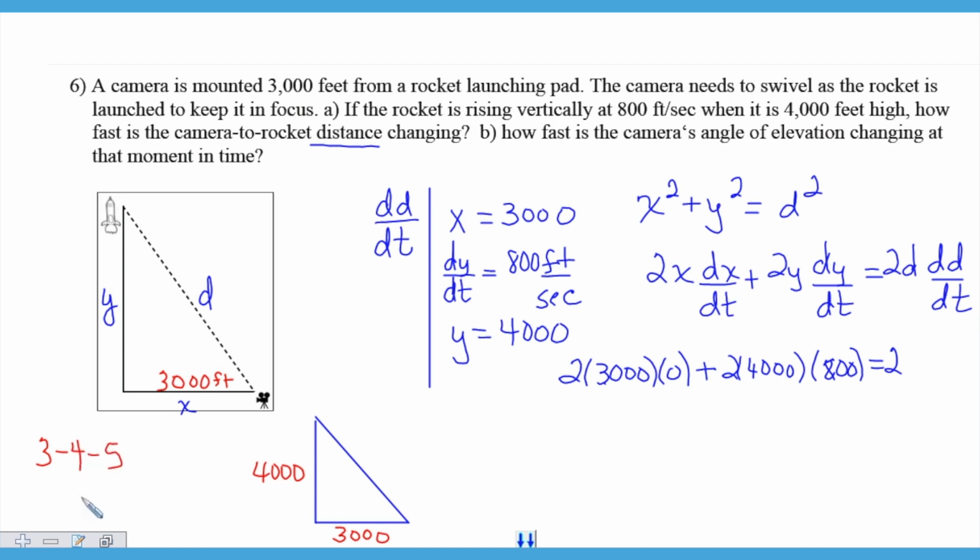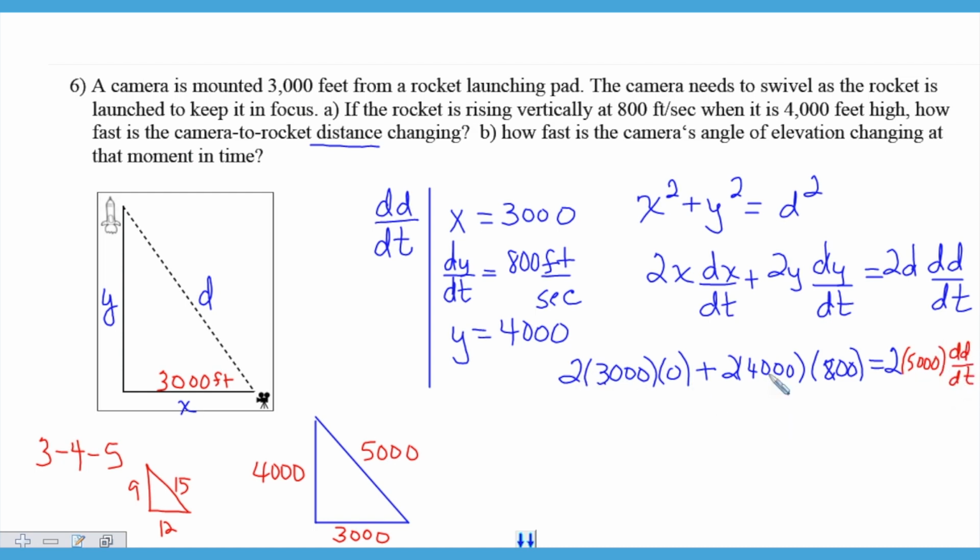And so if you have a 3, 4, 5 or a multiple, for example, if I had a 9 and a 12, 3 times 3 is 9, and 3 times 4 is 12, so 3 times 5 would be the hypotenuse. So it's either 3, 4, 5 or a multiple of those. So these are multiplied by 1,000, so this has to be 5,000. Okay? So that's a nice little thing to know, isn't it? 5,000 dd/dt, and that's what I'm trying to find.